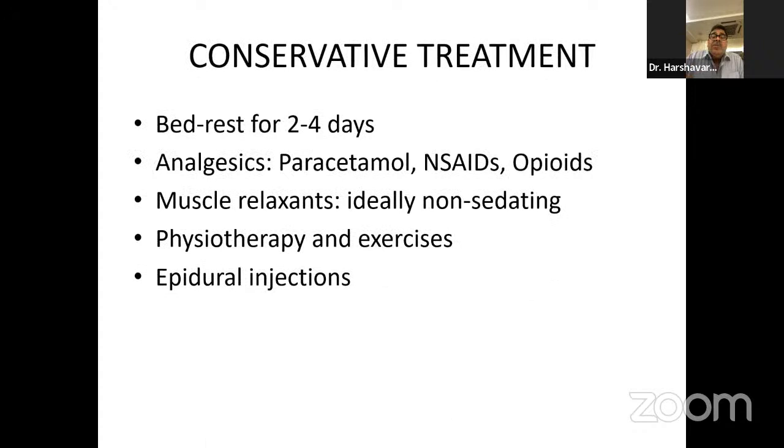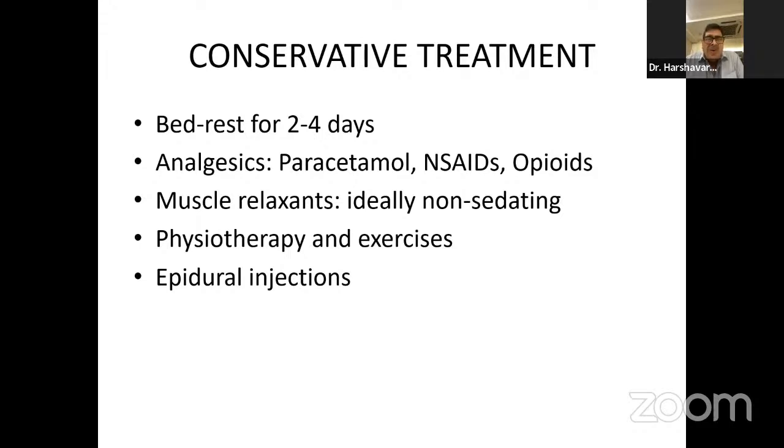It's a very common problem, and it's also responsible for many people laying off work and changing their lifestyle. Back problems are so common nowadays. It's also responsible for a lot of depression because some of these patients have constant irritable back pain which does not respond to most of the treatment.